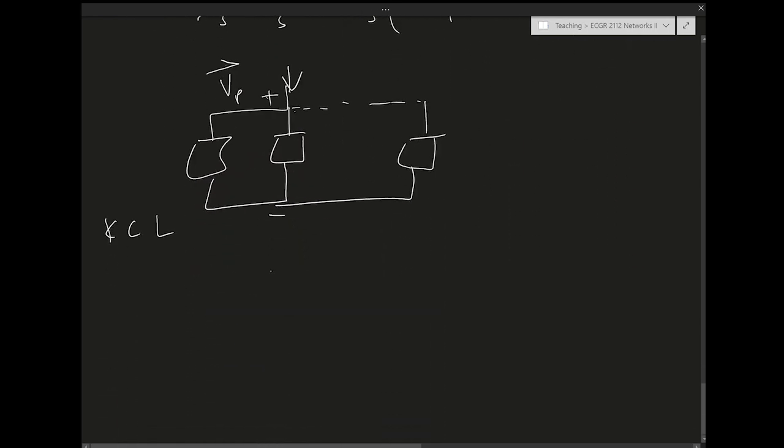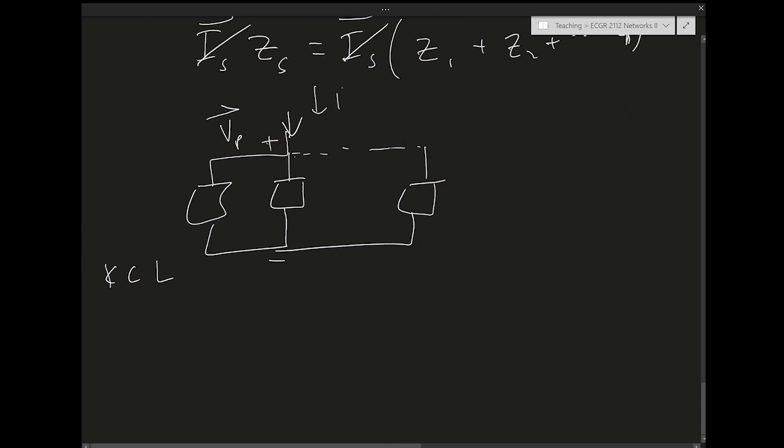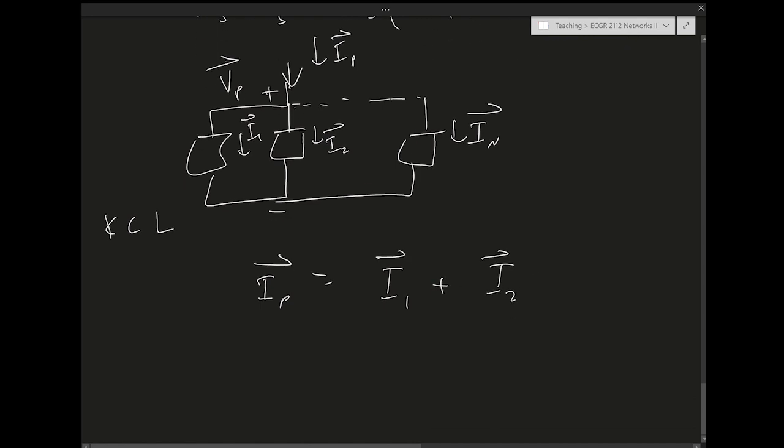So applying KCL, this is I parallel. This is I1, I2, and using KCL, I parallel is just going to be I1 plus I2 all the way to In.